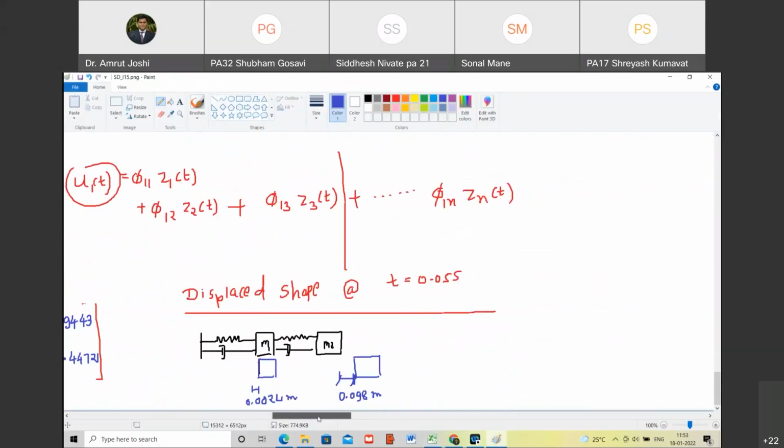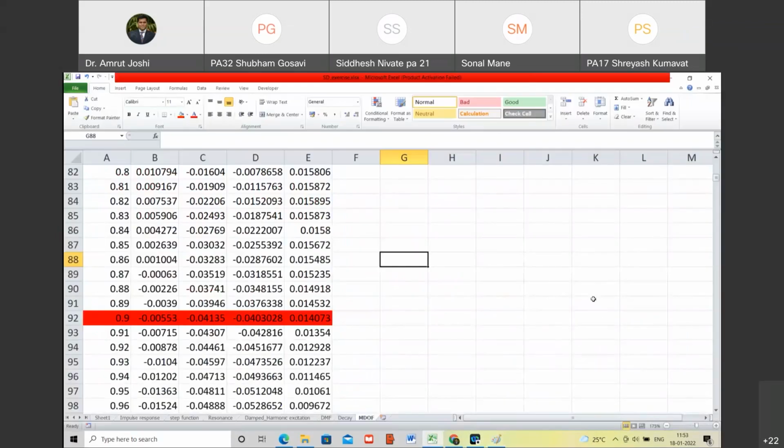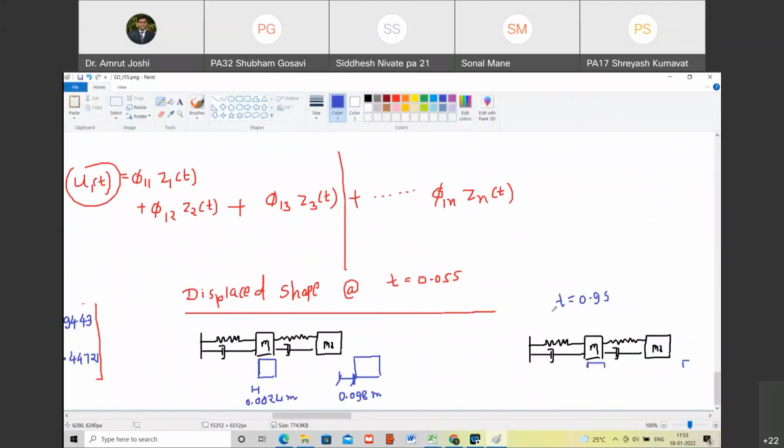Yes, sir. So this is the base diagram. This was drawn at time instant t equal to 0.05. Now I am going to draw the deformed shape at time instant t equal to 0.9 seconds. Are you with me? Yes, sir. And we get interesting results.